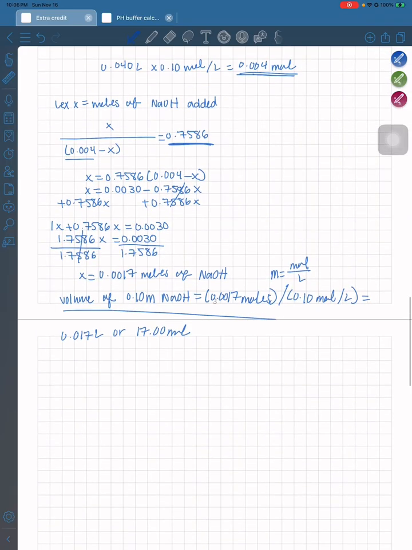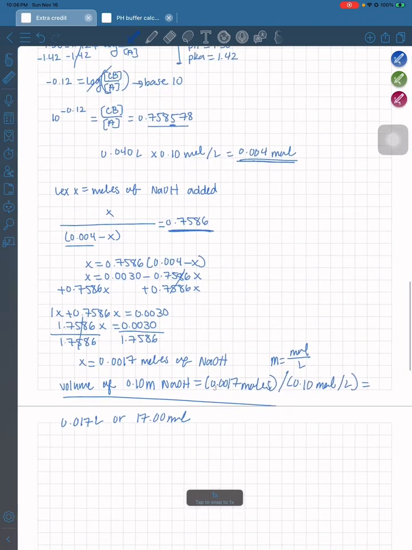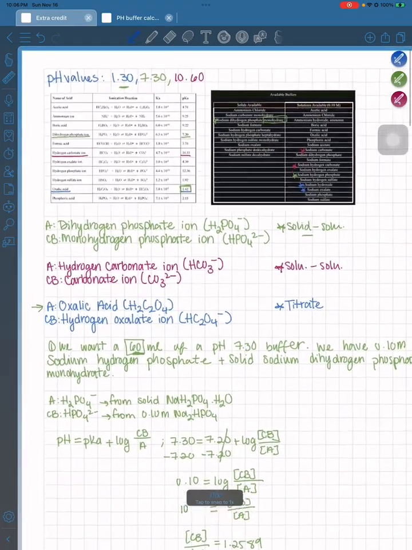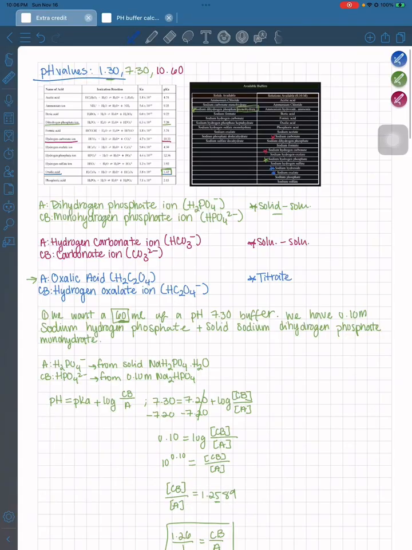And that's it. That's everything you need to do to be able to solve or make buffers out of given pH values. Thank you.